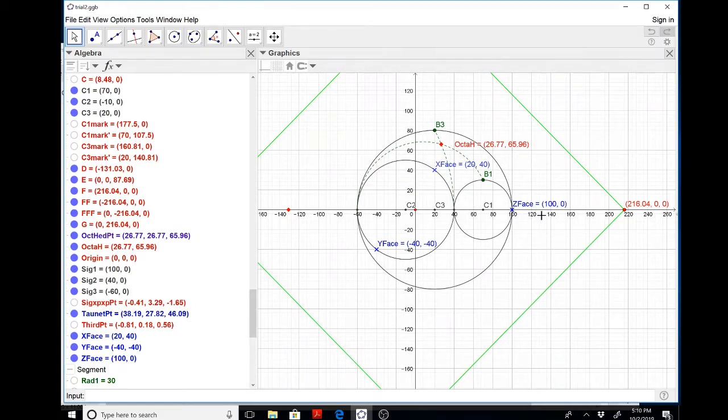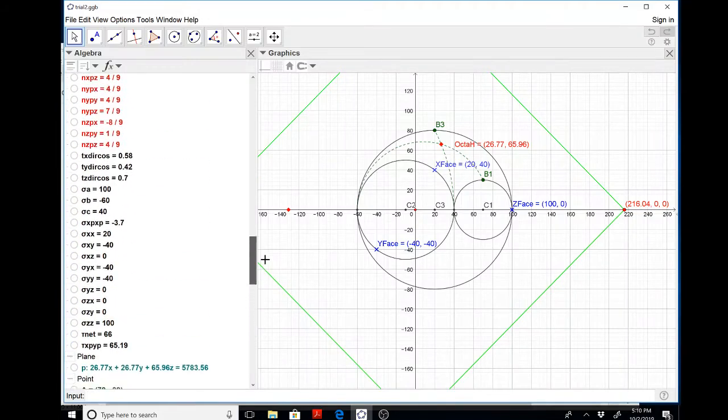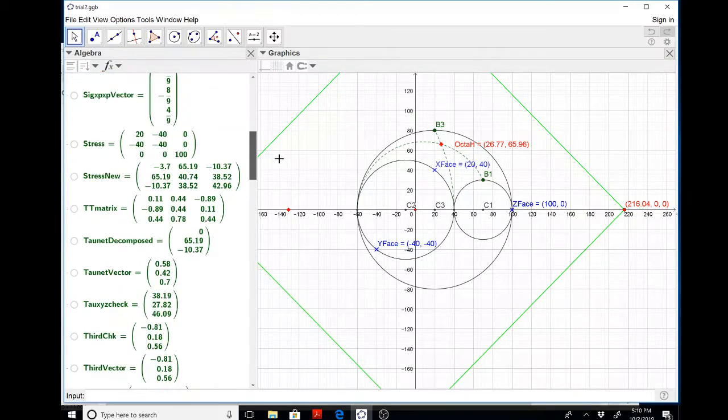Now these three circles are really fun for one more reason, because given this original state of stress, it's literally impossible to say what is the worst normal stress and what is the worst shear stress. And now I get them immediately. I see it's 100 for the worst normal stress and negative 60, but I would say 100 is the worst normal stress.